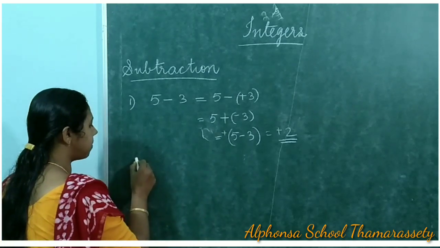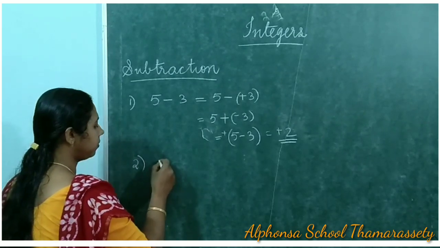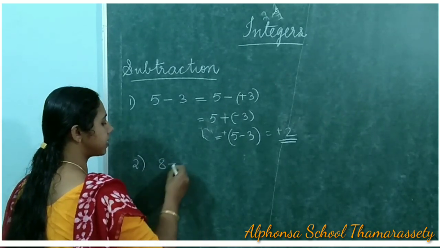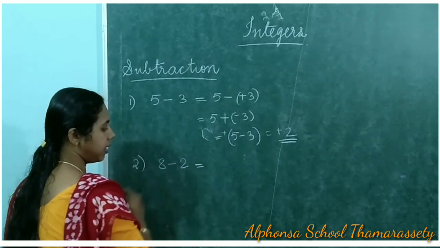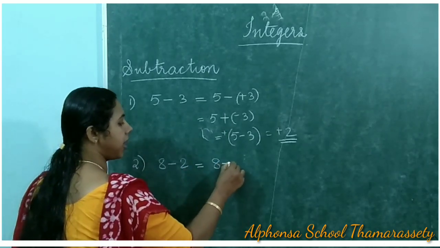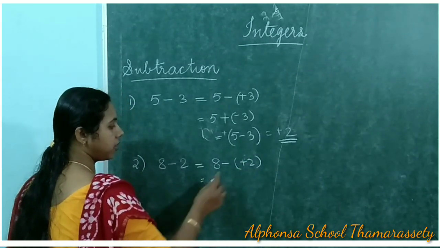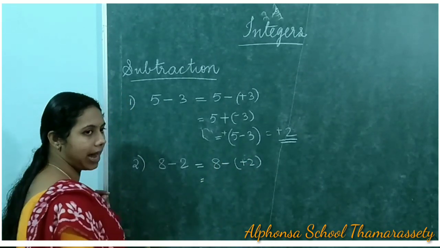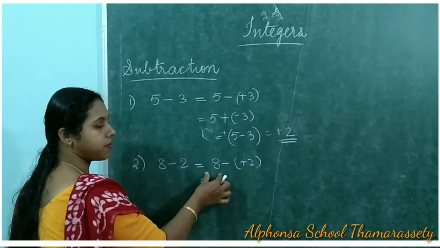Let us see another example. 8 minus 2. That means 8 minus positive 2. We want to change the subtraction to addition by adding the additive inverse of the second number to the first number.